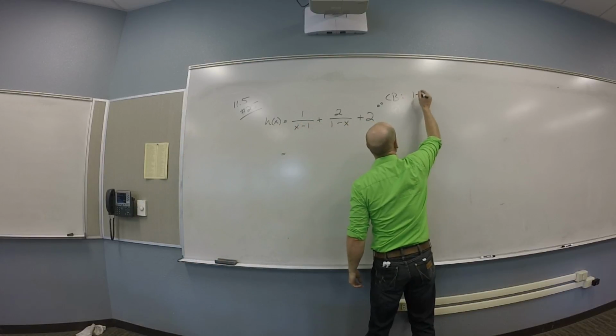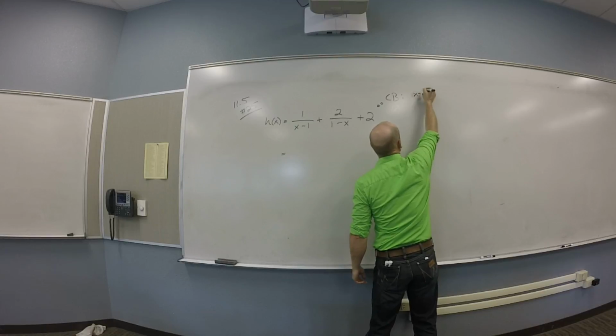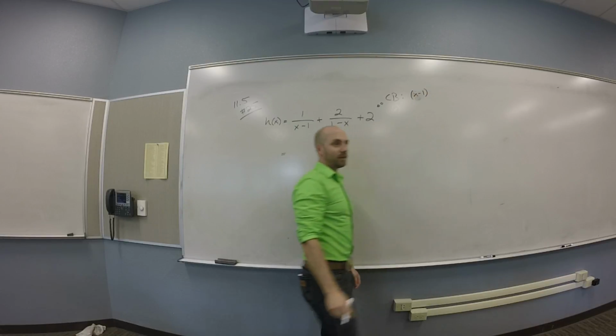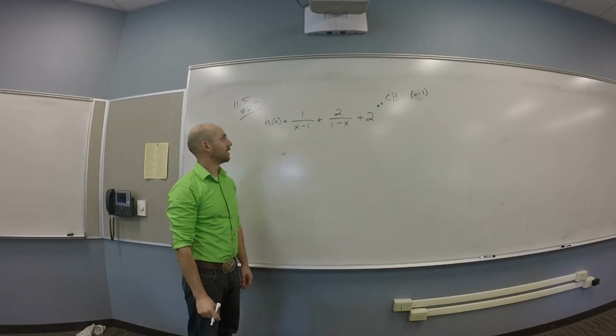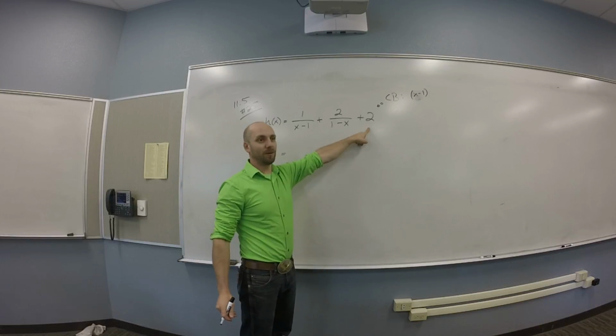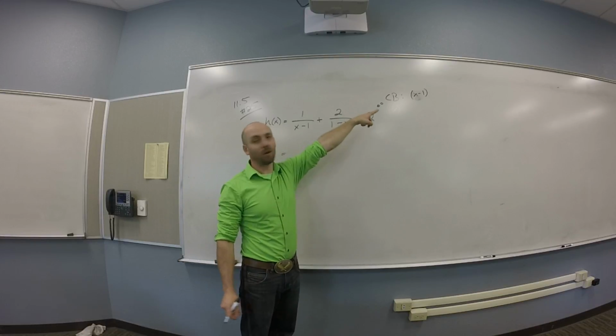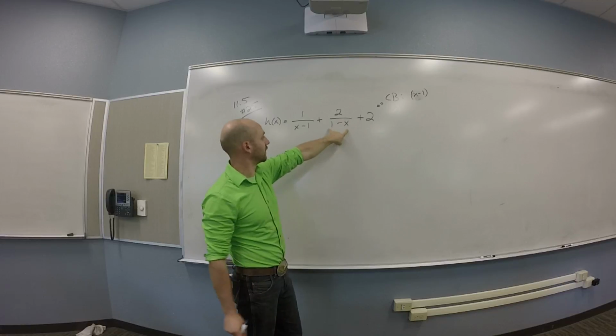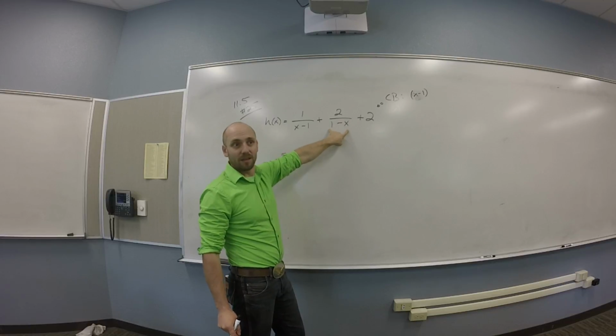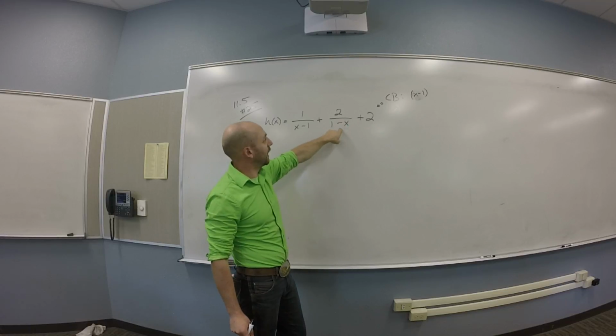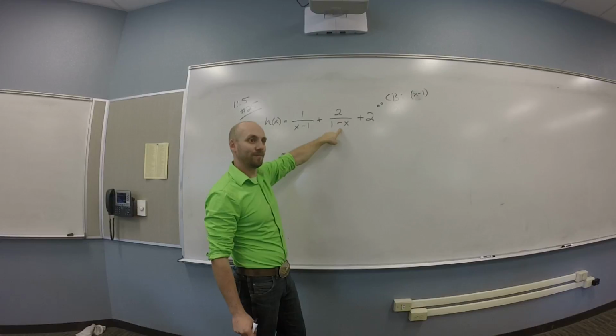Okay, so you have an x minus 1 in your common bottom at least. This guy has what in its bottom? 1. I'm covered. And this guy? This guy could be made a minus the quantity of x plus 1.